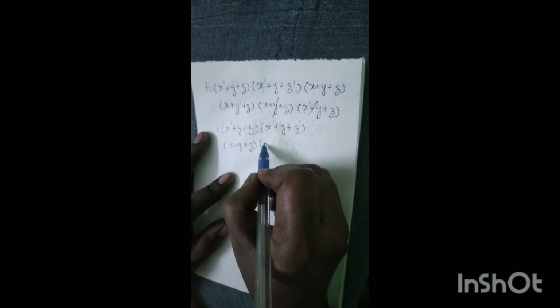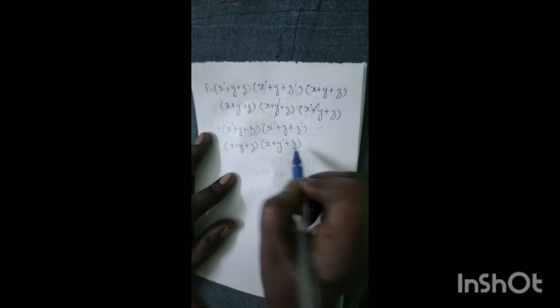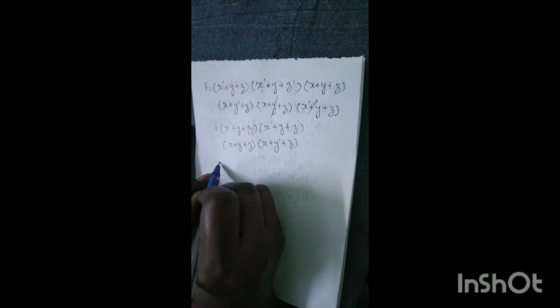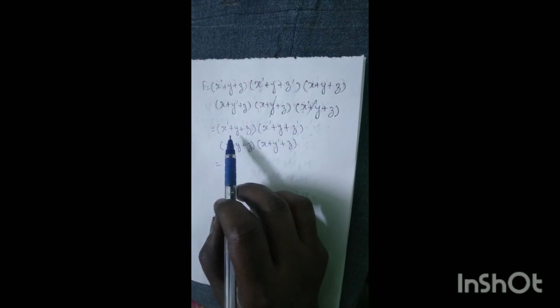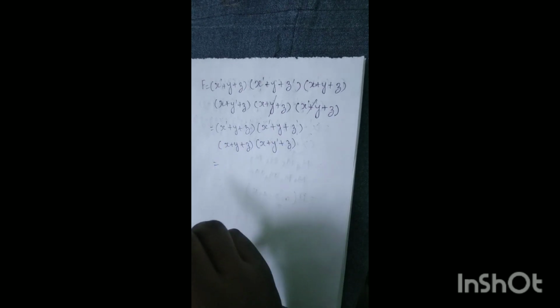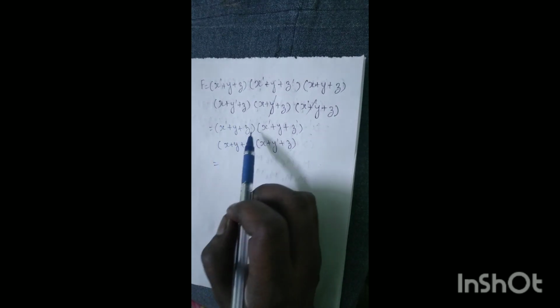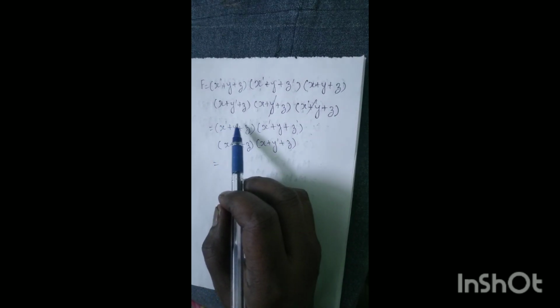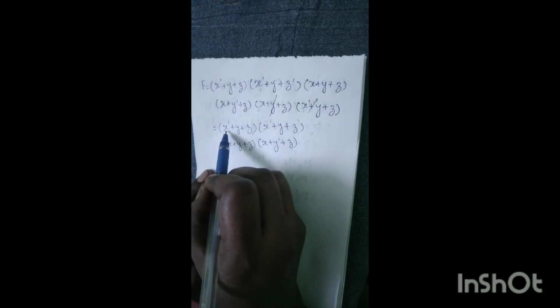Next is x plus y dash plus z. The next step is we should write the binary form of each max term. How we write is, first we should complement this max term. Then we get the binary form of this max term.